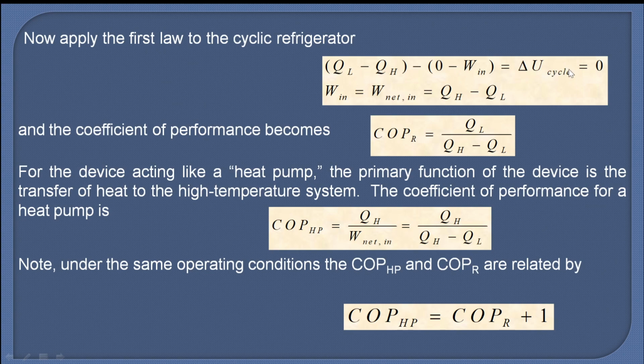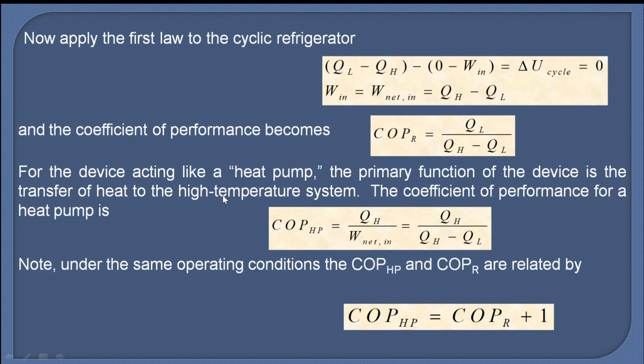For a cyclic process it is 0. So W in is equal to QH minus QL. The net work in to the system, refrigerator or heat pump, is a work absorbing device, work consuming device, which is equal to QH minus QL. The coefficient of performance becomes, for a refrigerator, QL divided by QH minus QL, where QH minus QL is the work input.